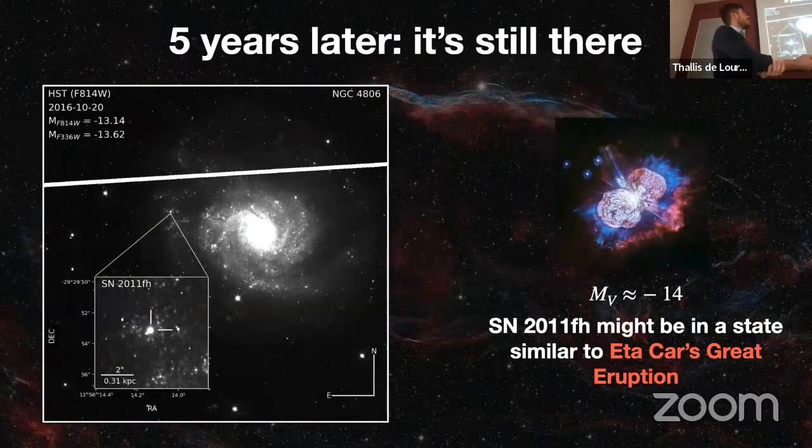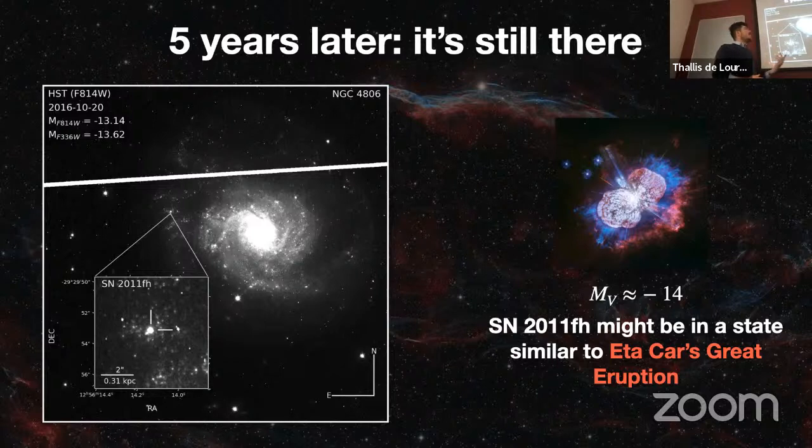So 5 years later, 2011 FH was observed by the Hubble Space Telescope. And it was surprising to see that, well, the source was still there, here in the outer layers of the galaxy, and that it was still very bright. So we measured an absolute magnitude of around -13 in this F814 band of Hubble.